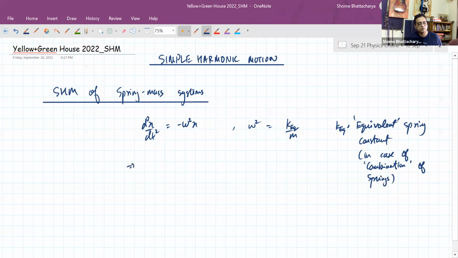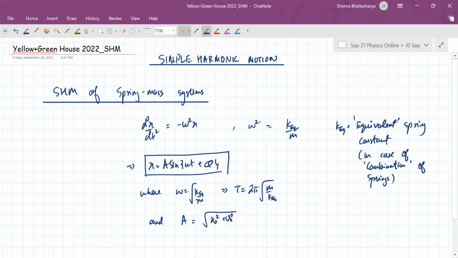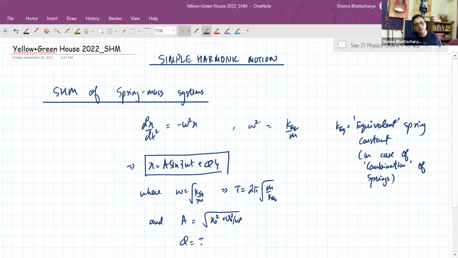And from that we get the standard equation of SHM, where omega is square root of equivalent spring constant by mass. So time period becomes 2 pi under root m upon k equivalent. And of course, amplitude and phase constant come from the initial conditions. So this is the standard method that we apply everywhere for these types of systems.